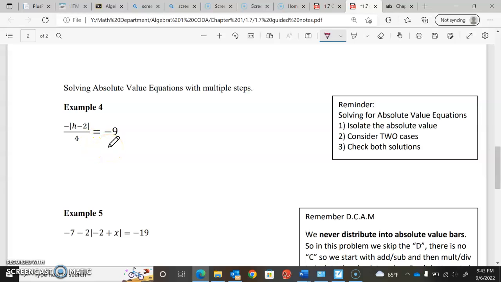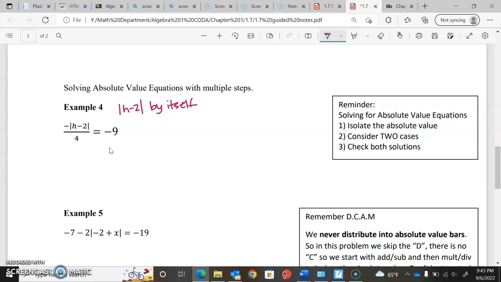So with example 4, when we say we want to isolate the absolute value this time, think of it as the absolute value and everything in the absolute value. So we want to get the absolute value of h minus 2 by itself.